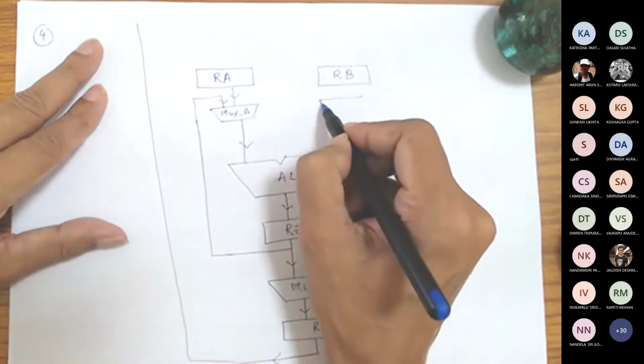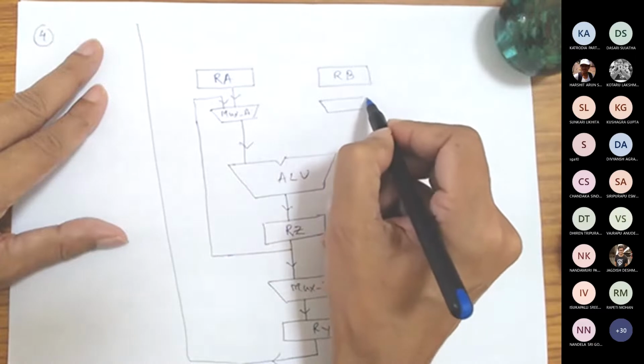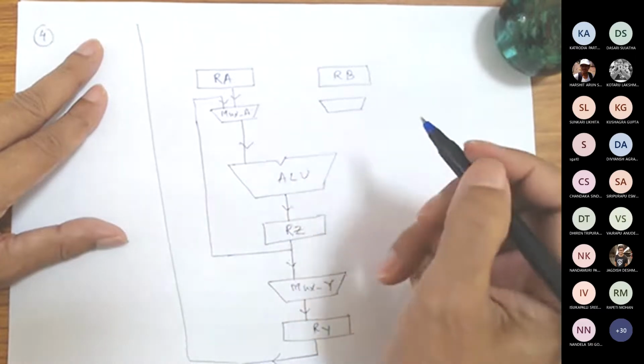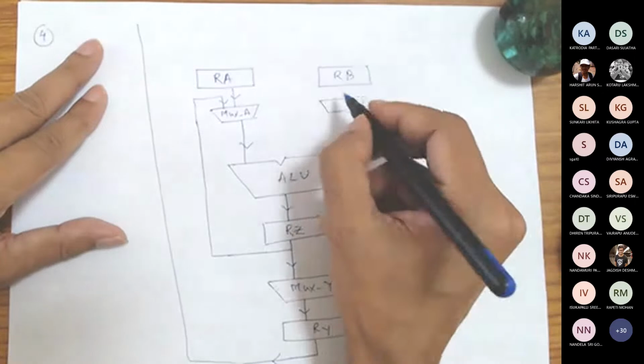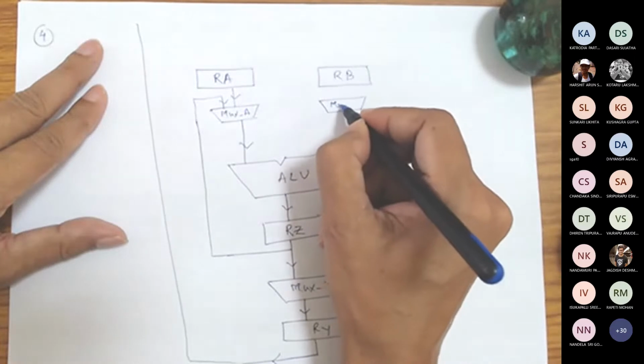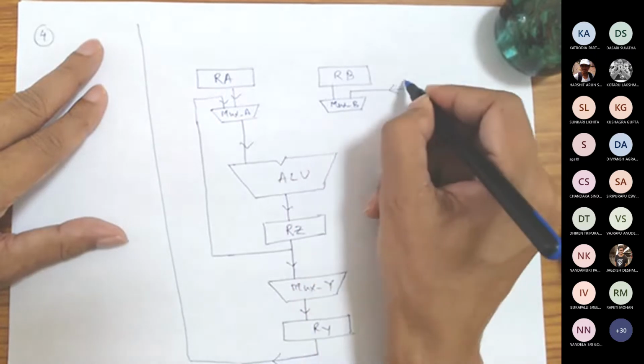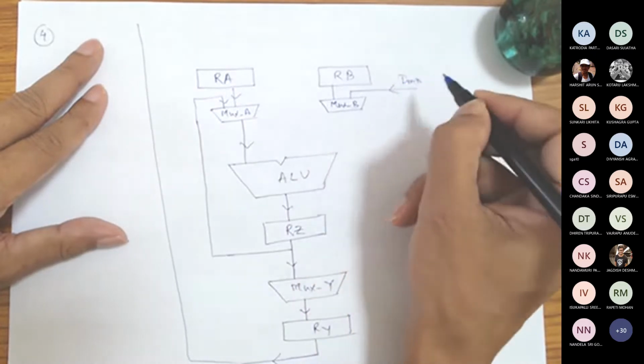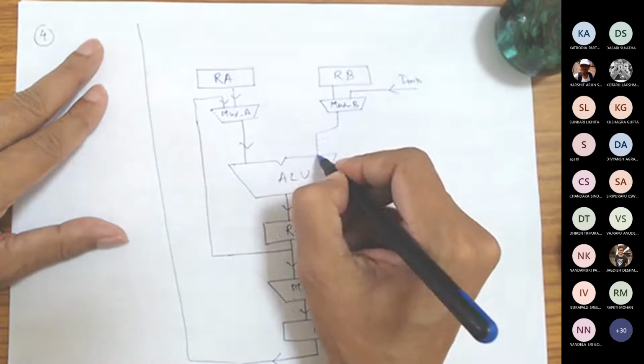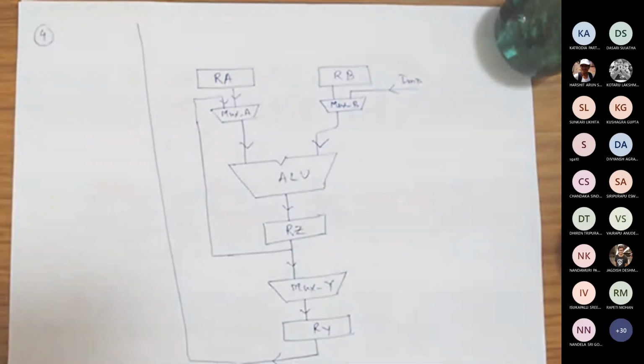There is already a Mux B. What about this?